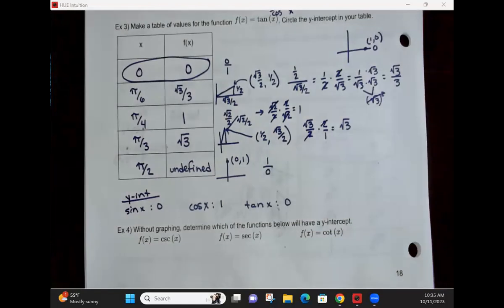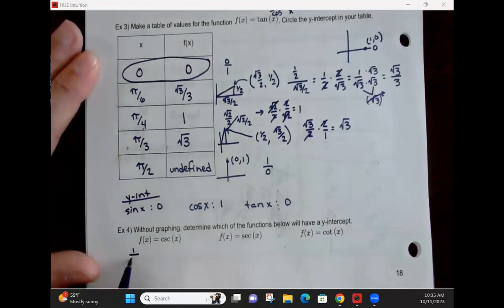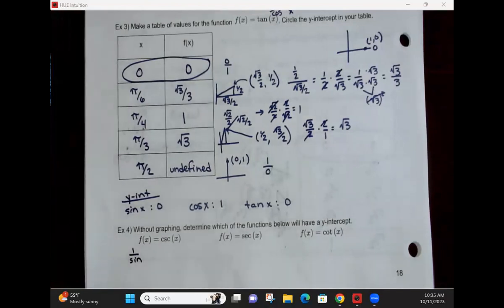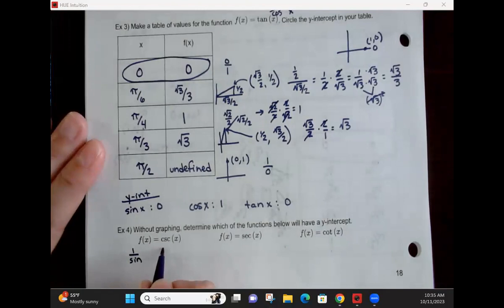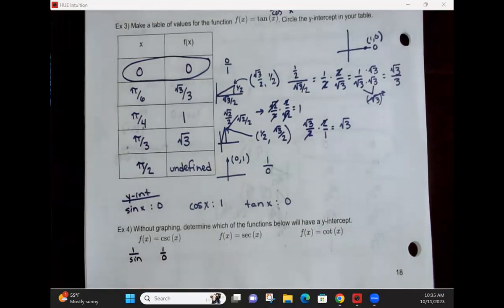Okay. So for cosecant, remember, is the reciprocal of sine. So this would be 1 over sine. That means its y-intercept would also be the reciprocal of sine's y-intercept. Well, if sine's y-intercept is 0, this would be the reciprocal of 0.